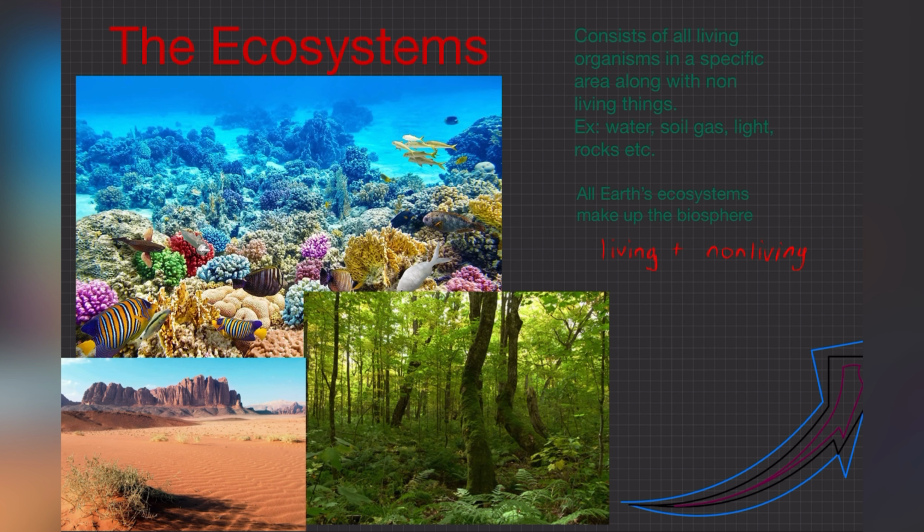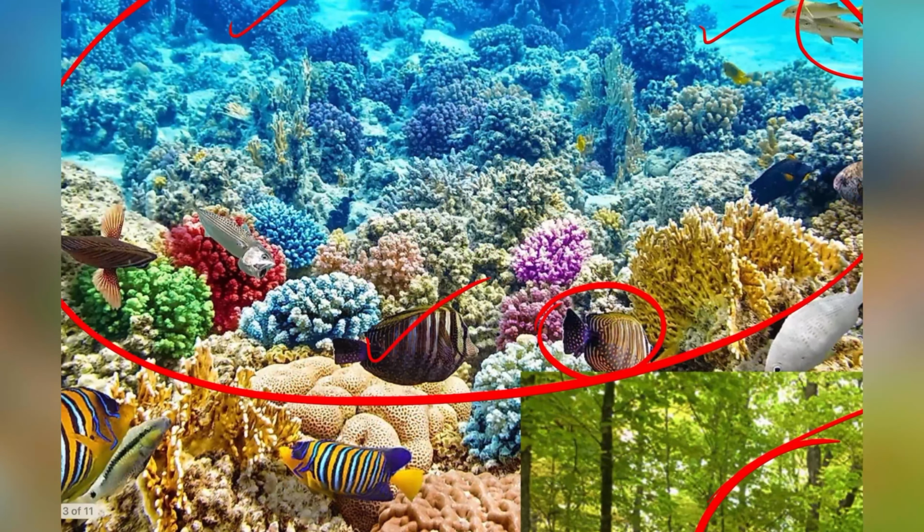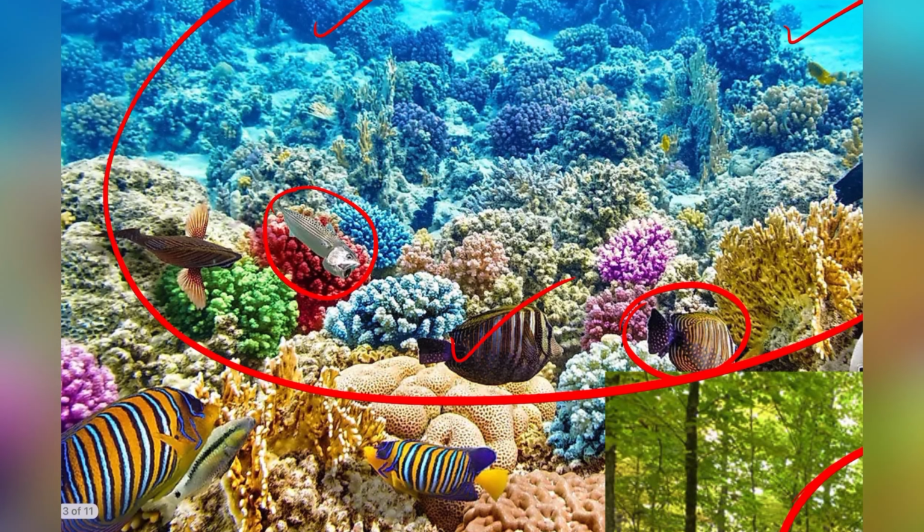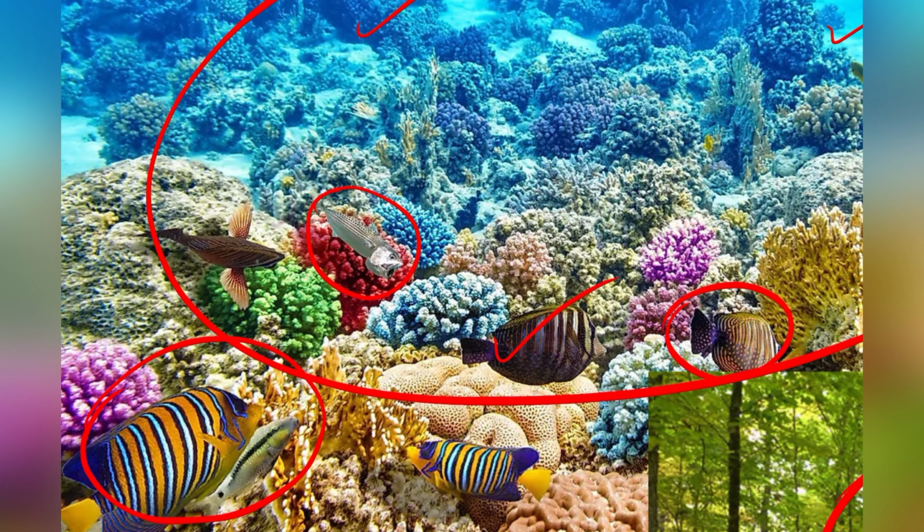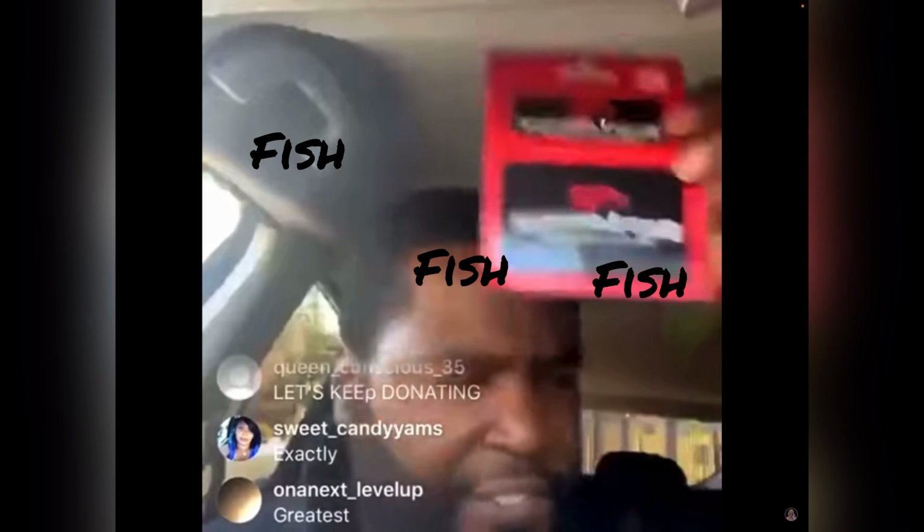And we can see different examples here where we have the coral reef, we have a desert, and then we have a forest. And in the coral reef, we have non-living things like rock, water, and gases. Then, of course, we have living things like fish.